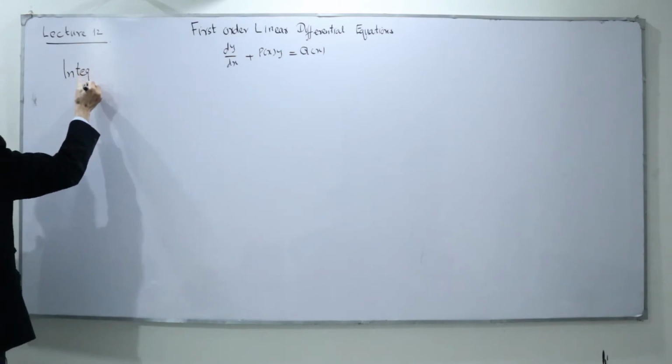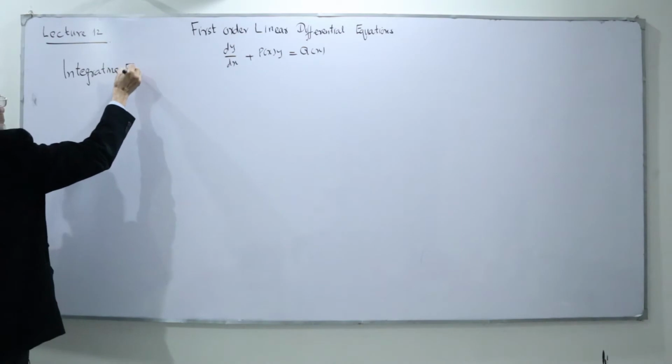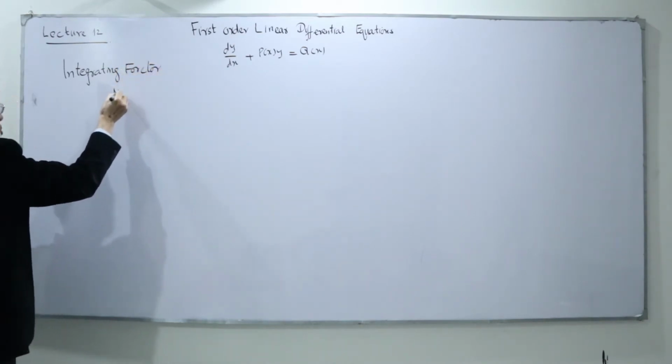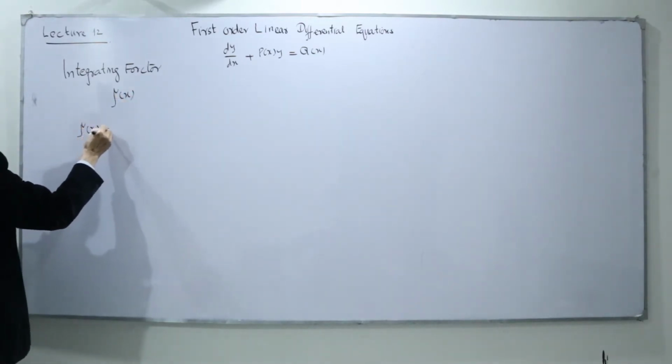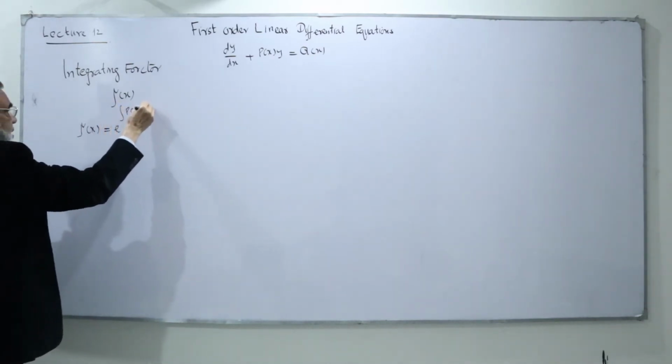In this method, we need the integrating factor to solve the equation, and we write it as mu of x. Mu of x is defined to be e to the power integral p(x) dx.